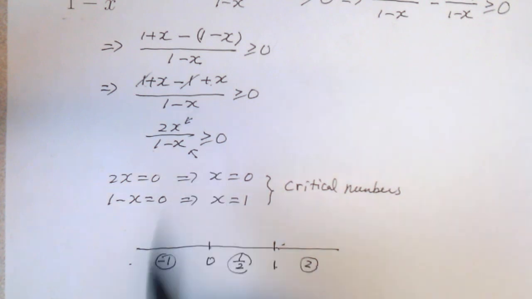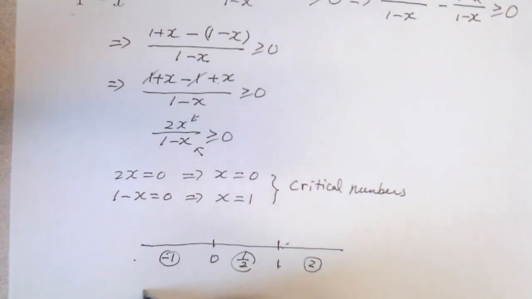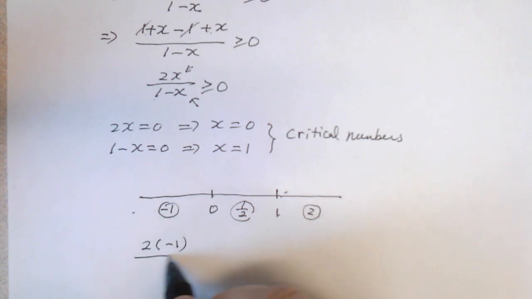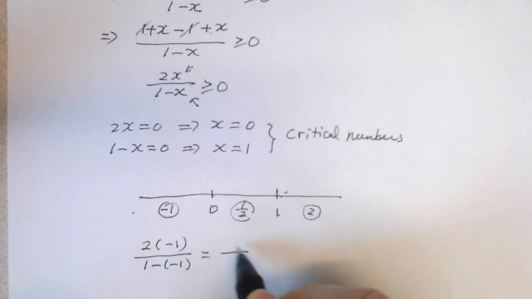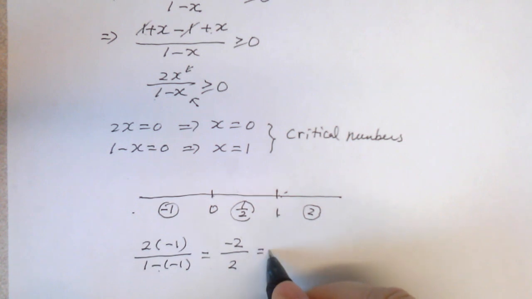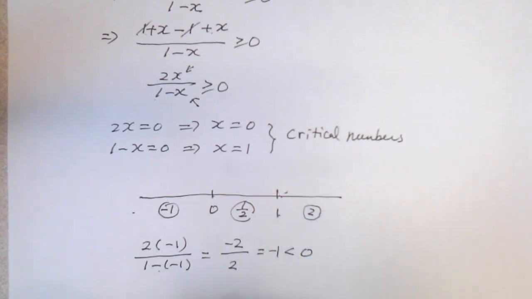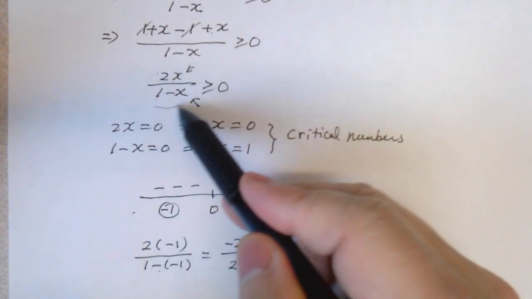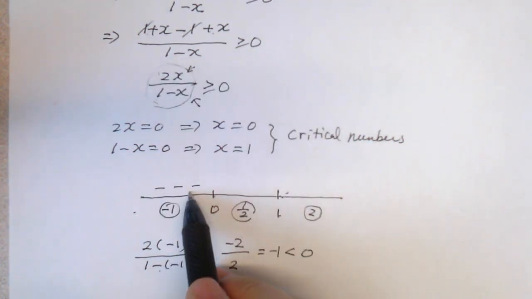So we have 2 times -1 divided by 1 minus -1, which is -2 divided by 2, which is -1, less than 0. So this part is going to be negative.